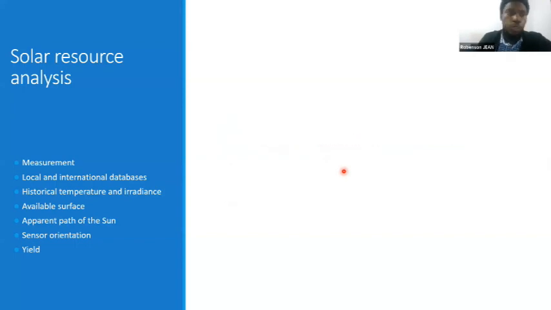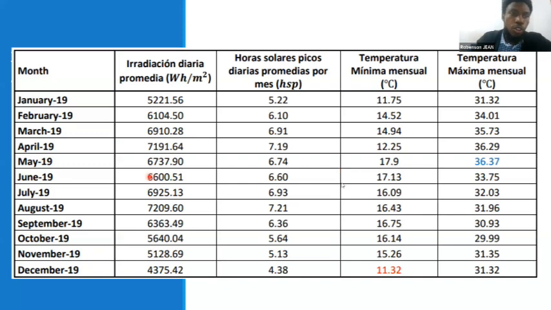So you will proceed to this table in order to have the irradiation in your place for every month, and later you will see the number of hours where the sunlight is available.